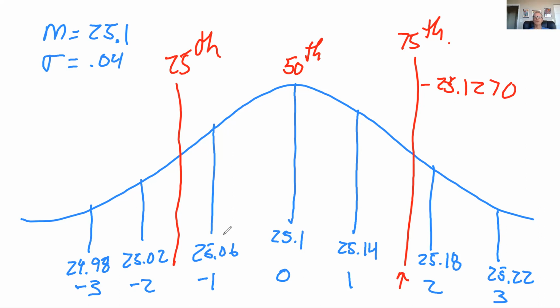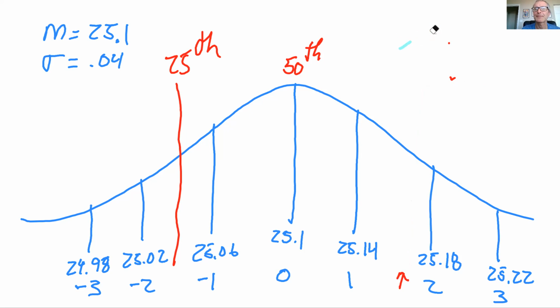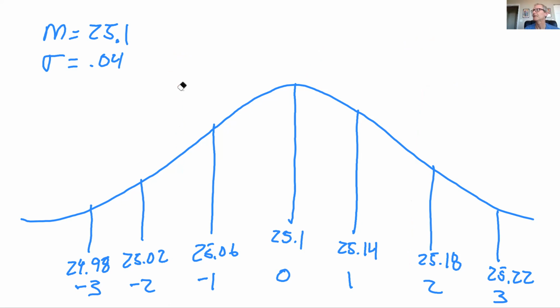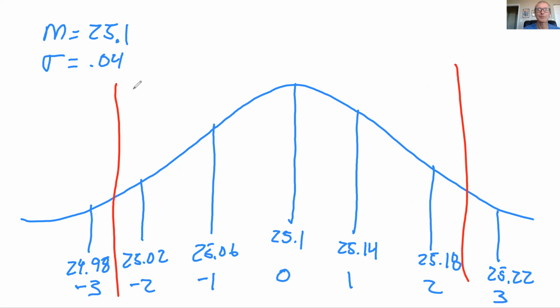Very cool. Okay, so the next one states you want to find the middle 90th percentile, the middle 90%. So if you think about the middle 90%, all right, here's the middle 90%.